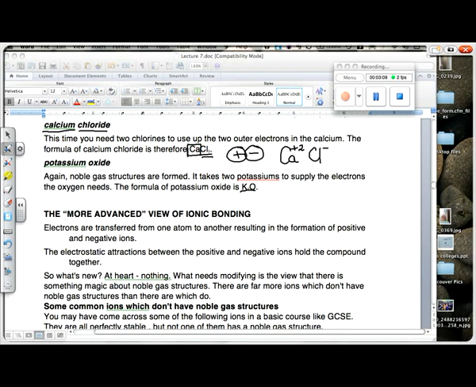Now, this ion has a positive 2 charge, and this ion has a negative 1 charge. Those charges are not balanced. They don't add up to 0. So I need 2 of these negative 1 chlorides so that I have a total of a negative 2 charge to balance out that positive 2 charge.